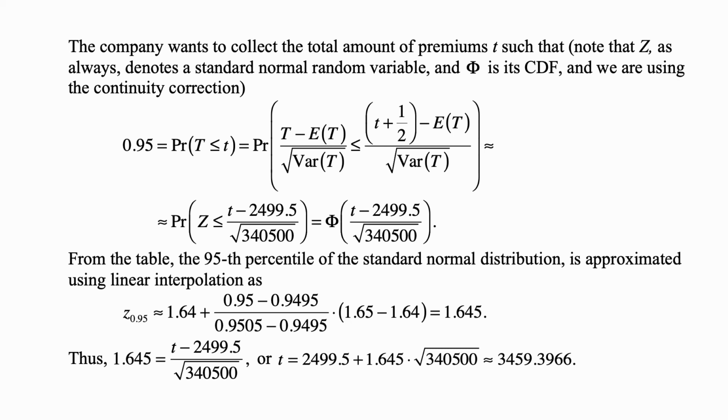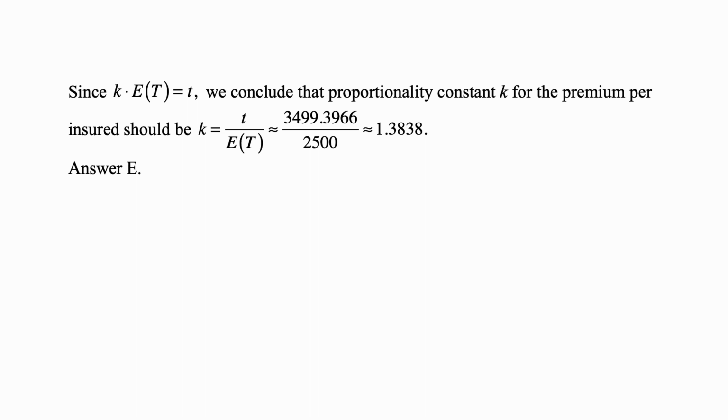So t must be equal to 2499.5 plus 1.645 times the square root of 340,500, and that's 3,459.3966 approximately.